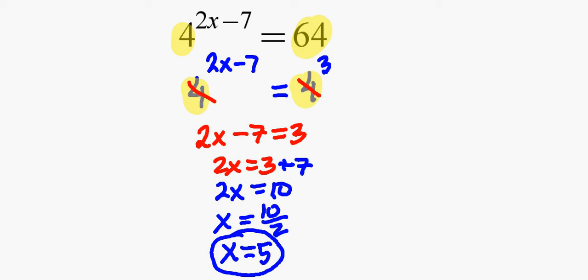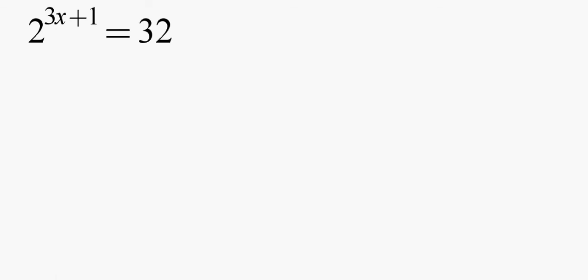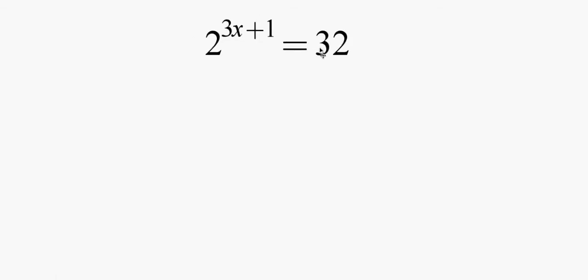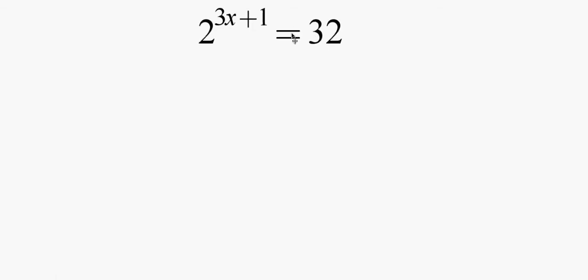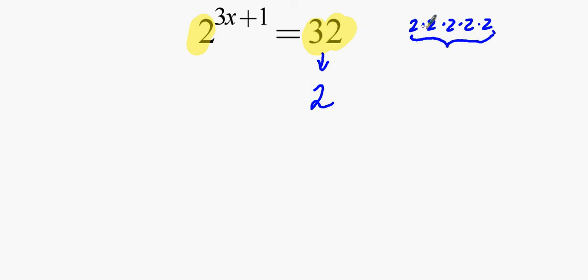Let's move to the next one. In this case we have pretty much similar equations like before, just a little bit more calculation. We have the number 2 and we have 32. Well, I can write my 32 as 2 to the power of, let's see, 2 times 2 is 4, times 2 is 8, times 2 is 16, times 2 is 32. So this here is 1, 2, 3, 4, 5, so 2 to the 5th.